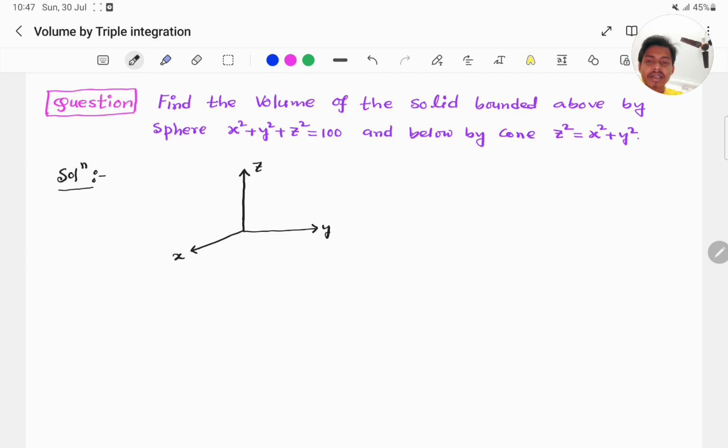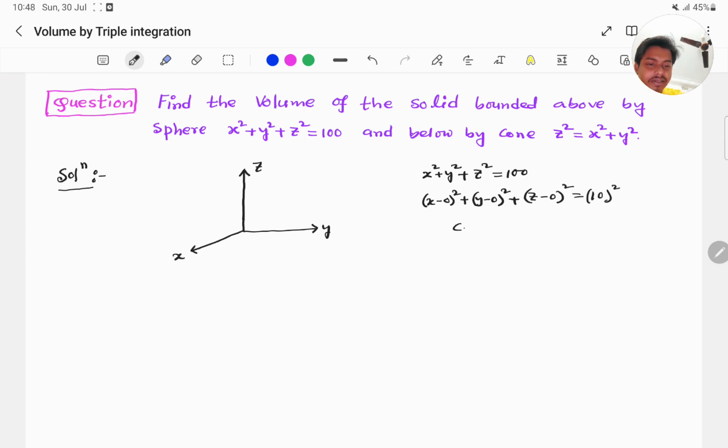Now the equation we have is the sphere. It is clear that the sphere has center at 0 0 0 and radius 10, because we can write this as x minus 0 whole square plus y minus 0 whole square plus z minus 0 whole square equal to 10 square.